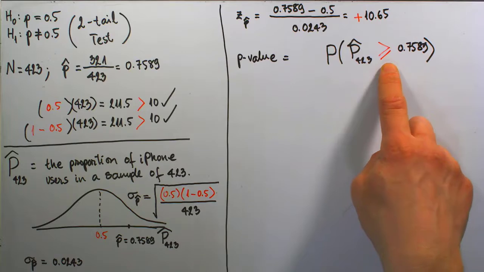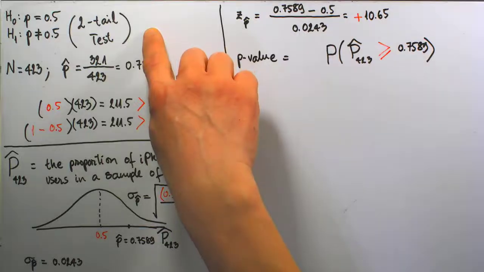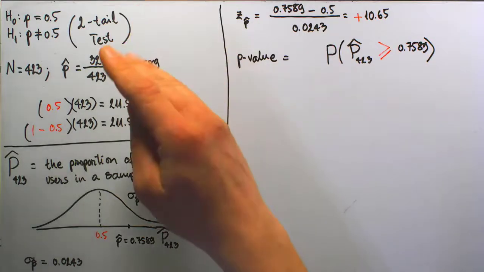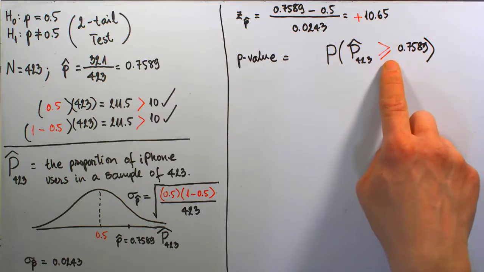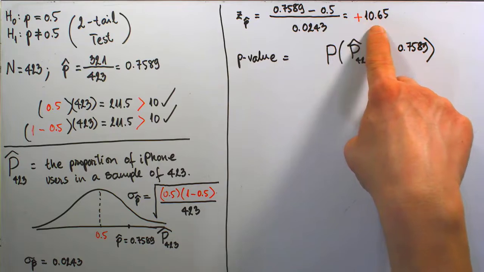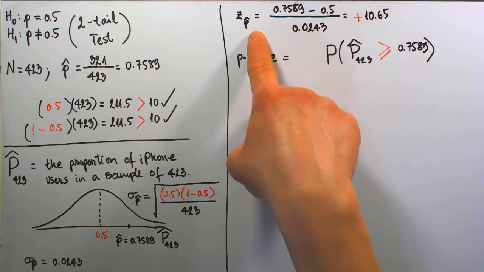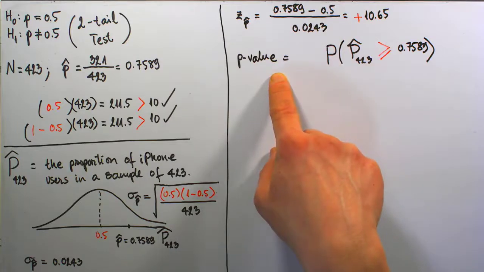So this inequality is indicating a right tail test. But this actual test right here is a two-tail test. It could be a right tail or it could be a left tail. So what made me decide to use this inequality depends on the sign of the z-score.